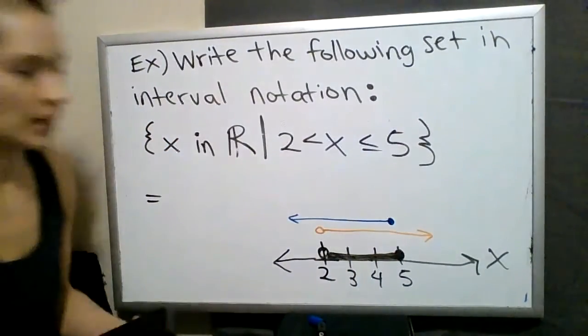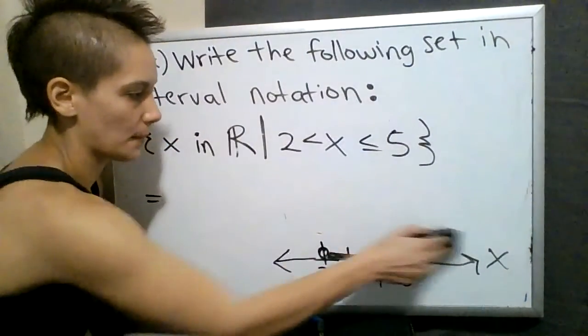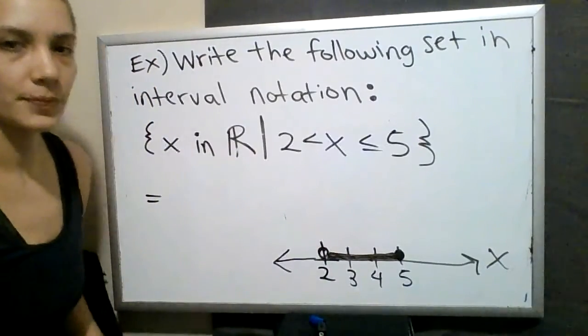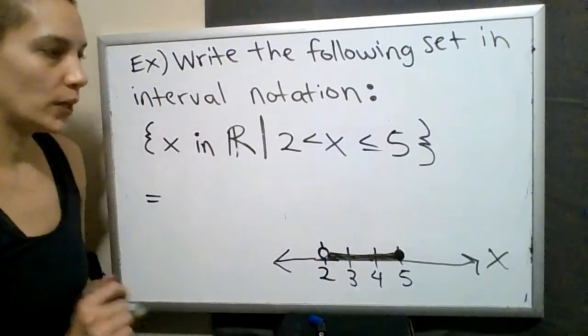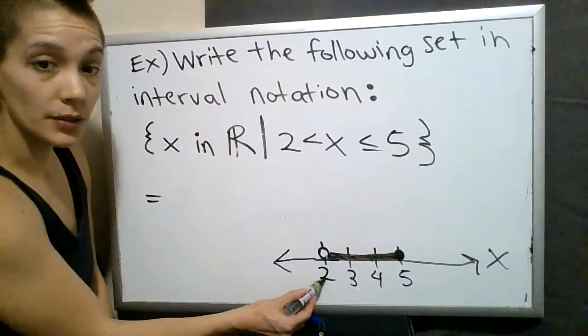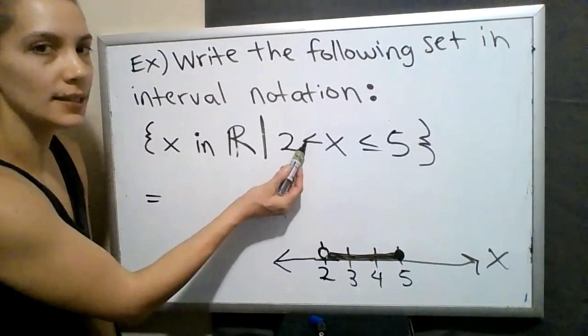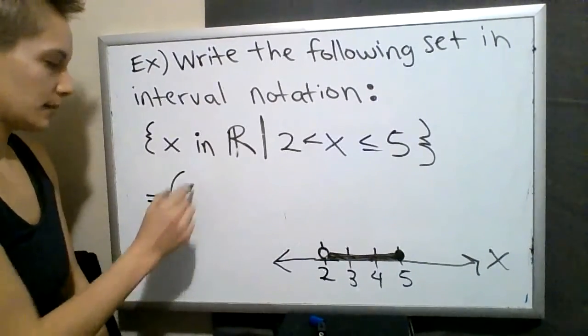I'm going to erase the scratch part. Okay. When a value is not included, or when you have that strict inequality, it's a parenthesis around 2.